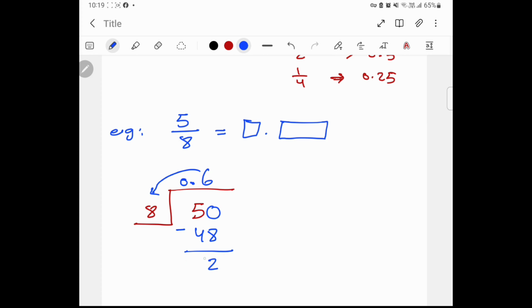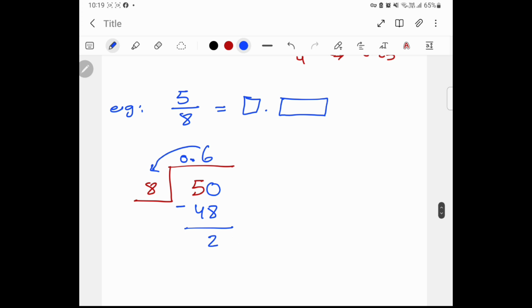Now we need to continue. In order to find the corresponding decimal of this fraction 5/8, you need to continue until the remainder is 0. Is it 0? No, it's not 0. So we need to continue the division. So 2 divided by 8, we cannot do that. We add a 0.